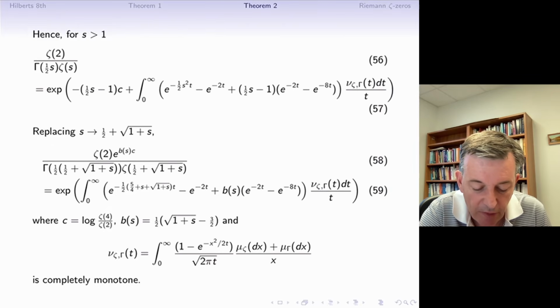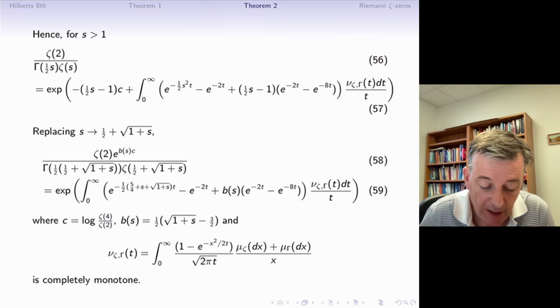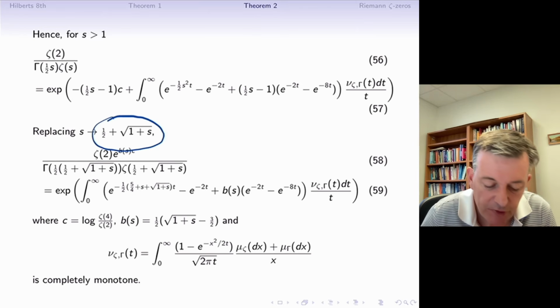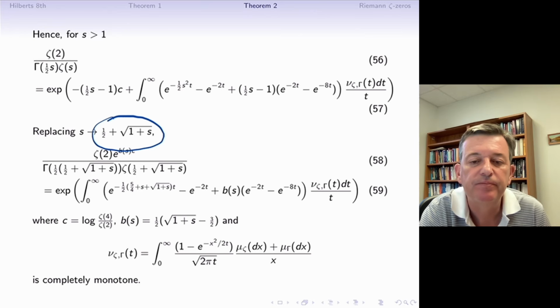Okay, so putting that all together, and remembering that we're evaluating at a half plus square root of 1 plus s, we essentially just by algebraic calculation have 58 and 59, and there's a similar formula for the Thorin measure nu in terms of the Levy measure mu.